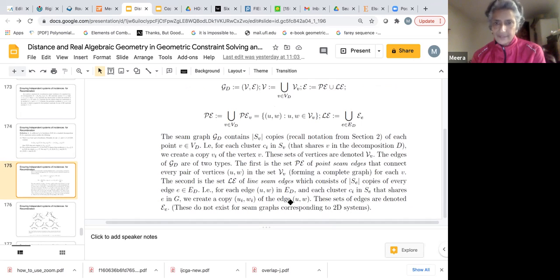So it describes it here. Essentially the set of vertices, the edges are of two types. The first is called the point seam edges that connect every pair of vertices u, v in the set, forming a complete graph.